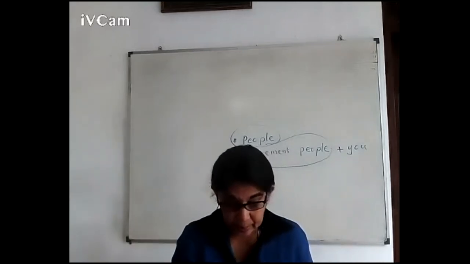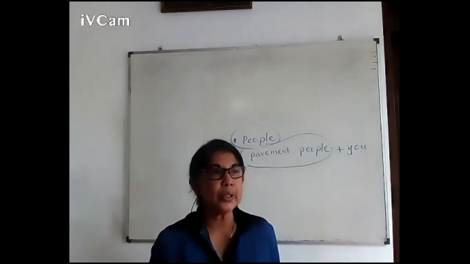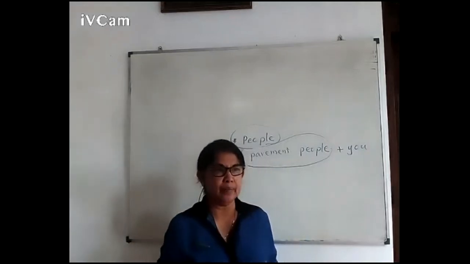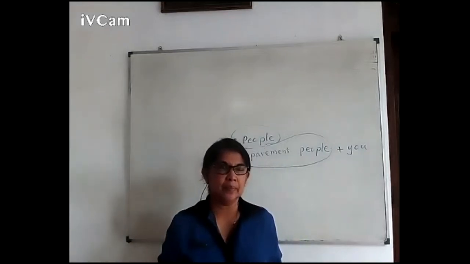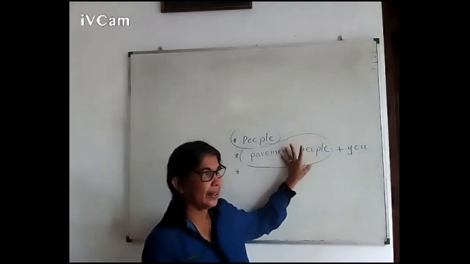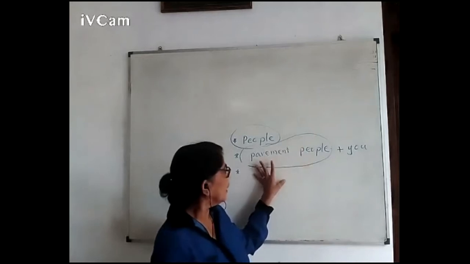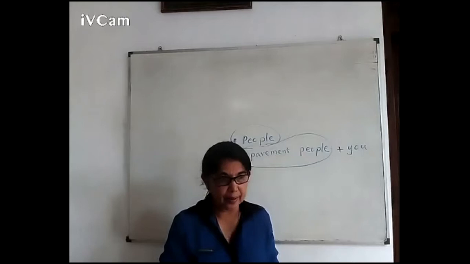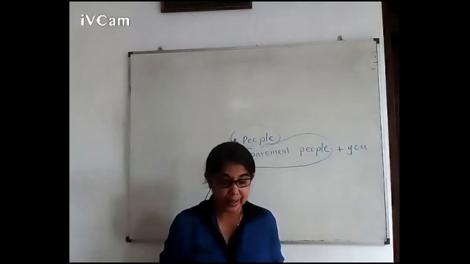Then what do we know about the social background of Richard Cory? According to the poem, we know the narrator represents pavement people. That means those who are suffering with poverty.